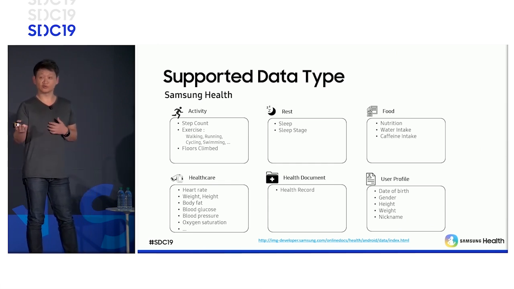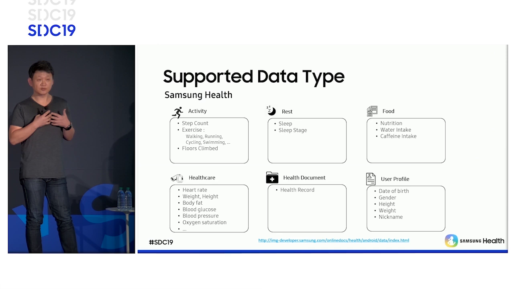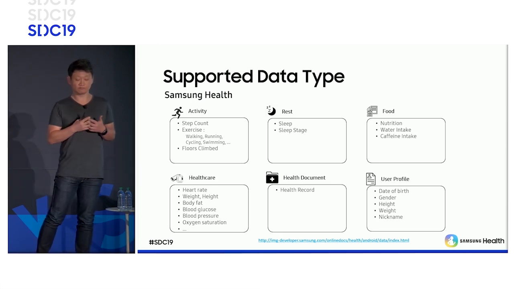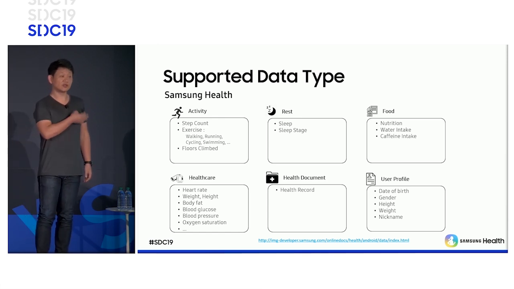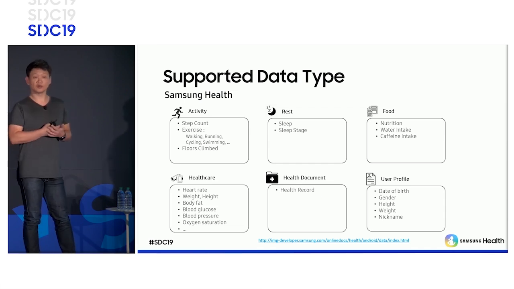Therefore, it should be interesting to you because Samsung Health is itself a platform that is not only giving you numbers, but also insight that enhances your users' experience. You can check each data's detailed properties in the API reference page.